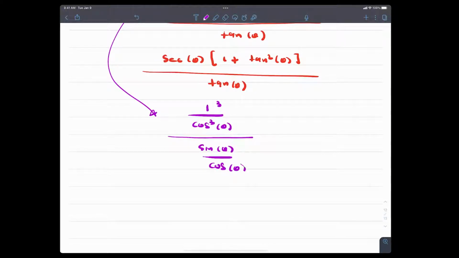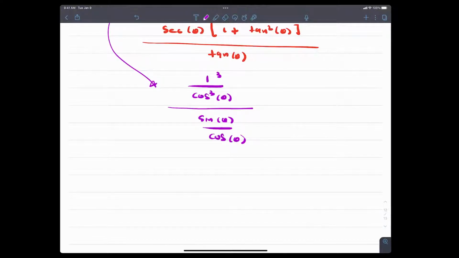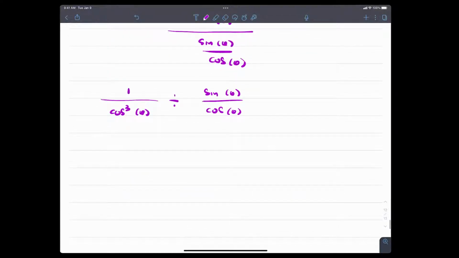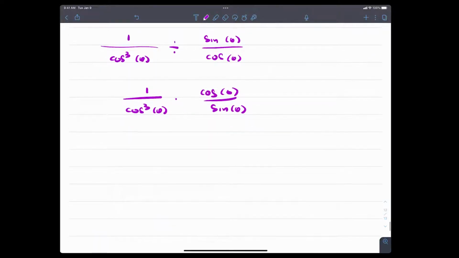So I'm going to try to do it a little differently than before. 1 over cosine cube theta divided by sine theta over cosine theta. Is that right? And then that gives you 1 over cosine cube theta times cosine over sine. And then I get 1 over cosine squared theta sine theta.